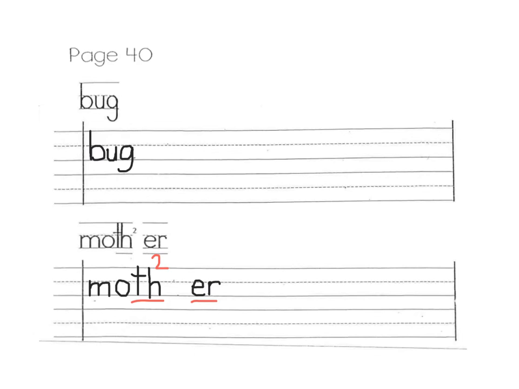Perfect. Let's spell mother together, kindergarten. M-o-th-er, underlining th and putting a 2 on top, and underline the er.